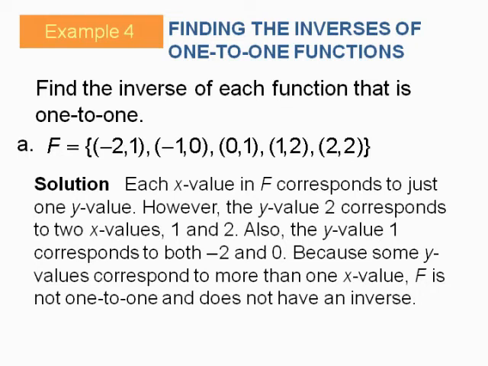However, the y value 2 corresponds to two x values, 1 and 2. Also, the y value 1 corresponds to both -2 and 0. Because some y values correspond to more than one x value, f is not 1-to-1 and does not have an inverse. So the function must be 1-to-1 to have an inverse.